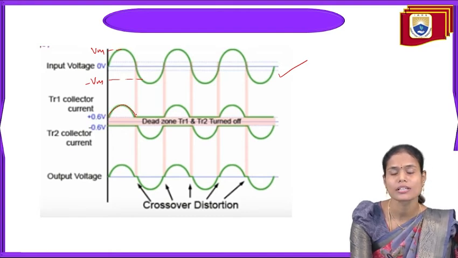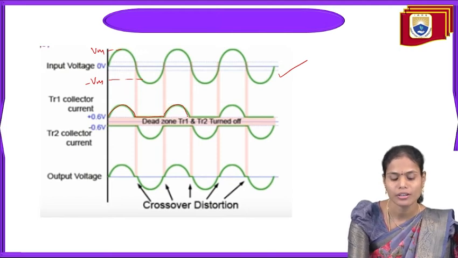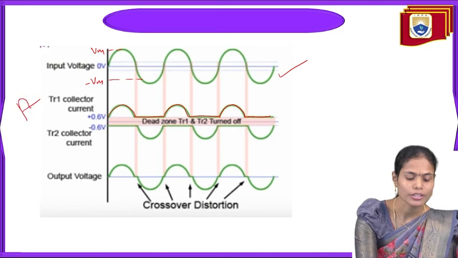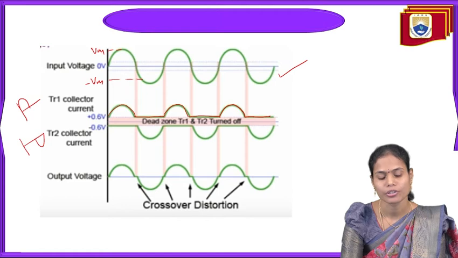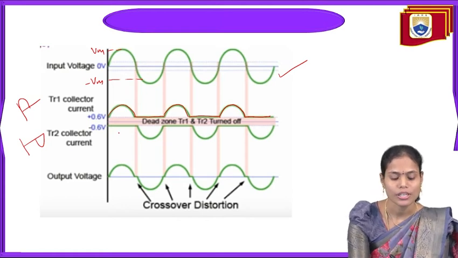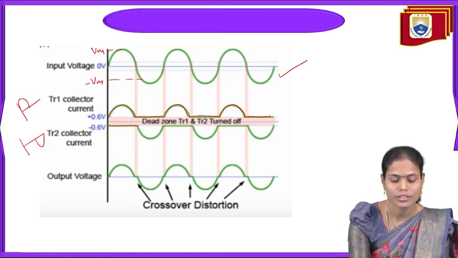For the positive half cycle we get the output, and for the negative half cycle it is 0. Similarly, it repeats for all the cycles. During the negative half cycle, transistor Q2 conducts, so for the positive half cycle it is 0, and for the negative half cycle it provides the output.